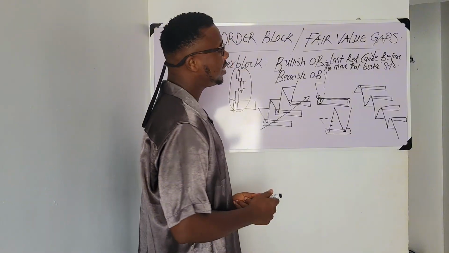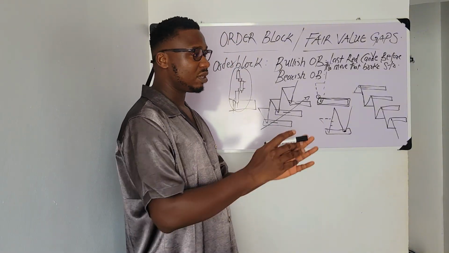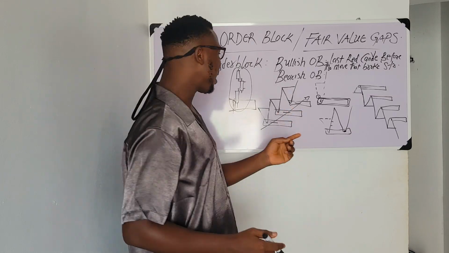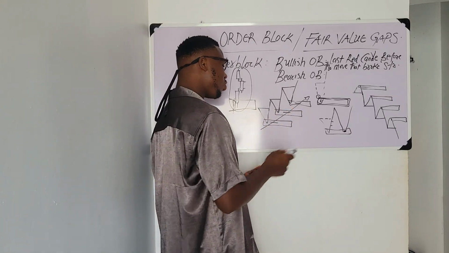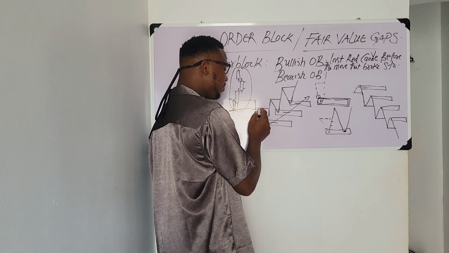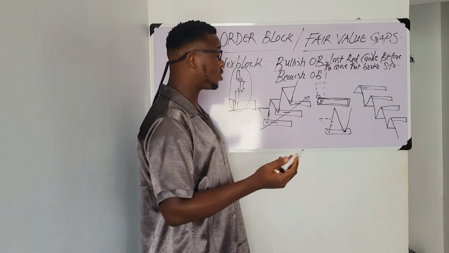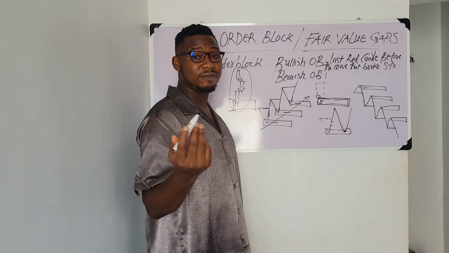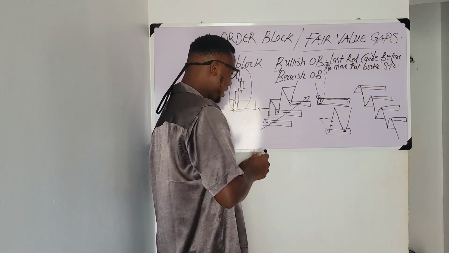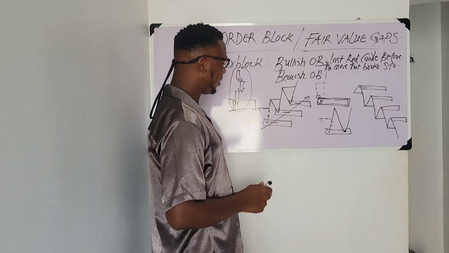Fair value gap is just an imbalance, a gap that was left due to an impulsive move that broke structure. It is always around this area. Before we break structure, we can find a fair value gap, but not always. There are some breaks of structure that do not have a fair value gap.